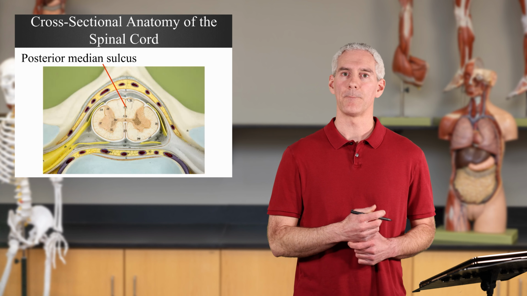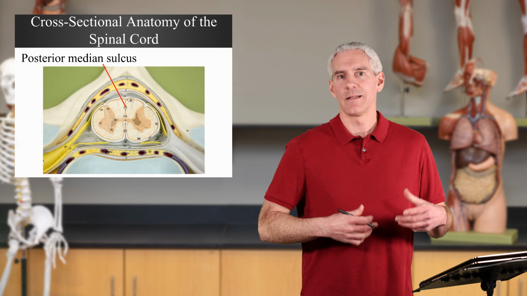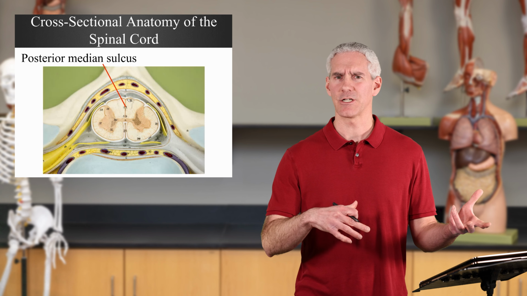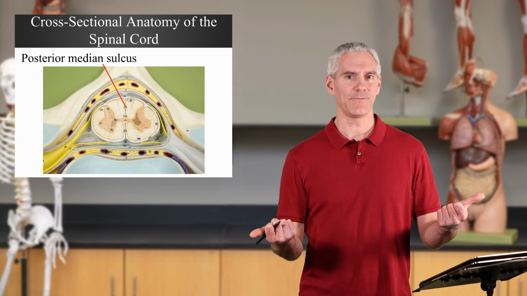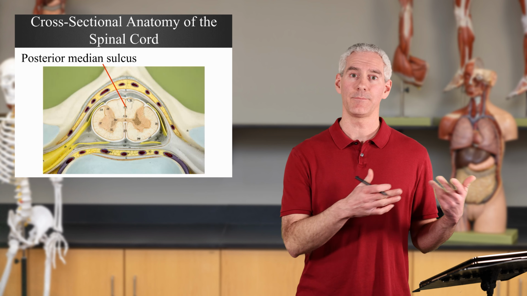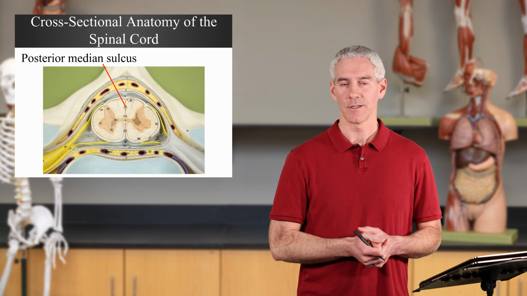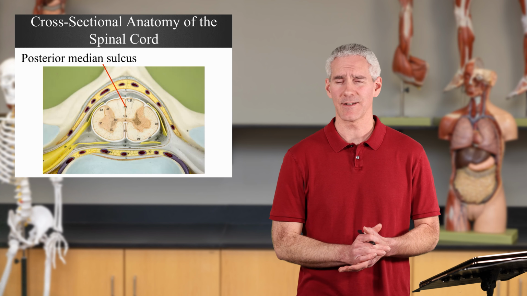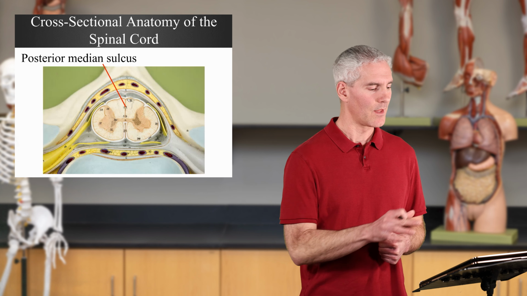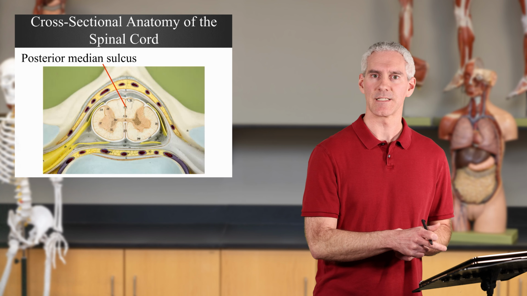So the posterior median sulcus. Now, if you're trying to think of how do you keep it straight, anterior median fissure, posterior median sulcus, A and F are both earlier in the alphabet than P and S. So anterior median fissure, posterior median sulcus. If it helps, great. If not, I've got other ones. So that is the posterior median sulcus.